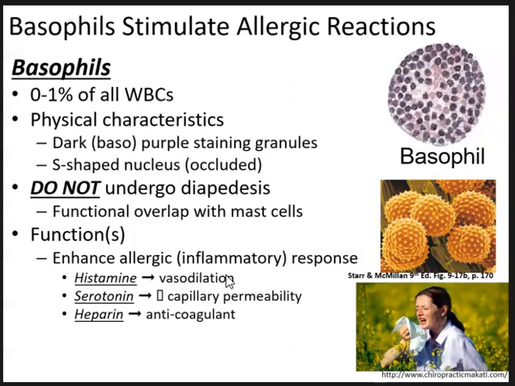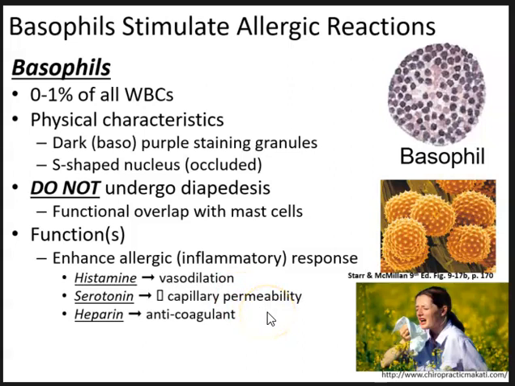Now, this is helpful in that we want to have more blood flowing to the area of inflammation so that we get the proper nutrients going to those areas, so that the cells that do undergo diapedesis can exit the blood vessels and go to the tissue where the injury is occurring.